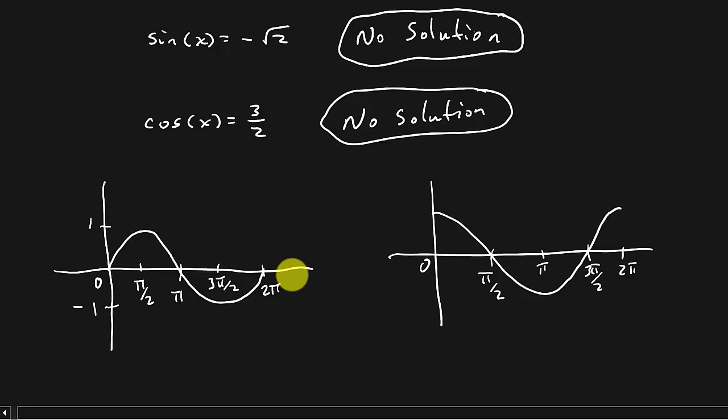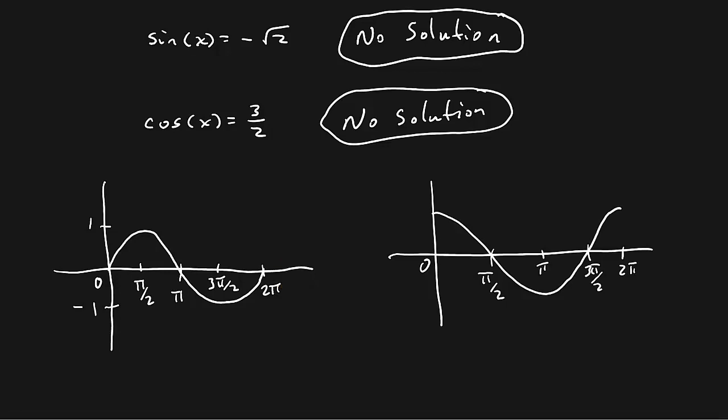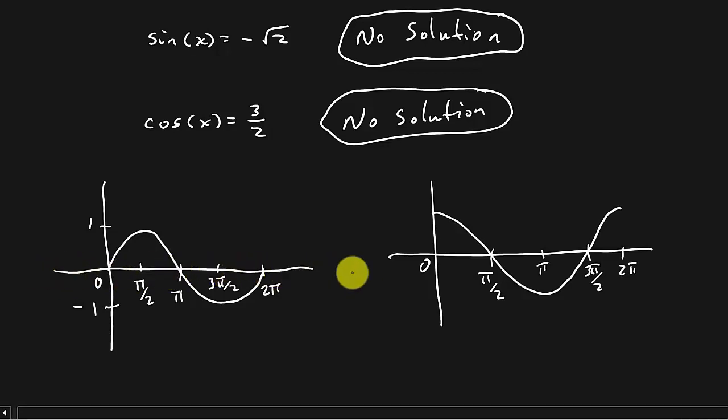Now notice, the sine of all these angles along this x-axis here. So when you take the sine or cosine of a number, these numbers on the x-axis, that's what's getting plugged in, and then you put it in your calculator and it spits out a y value.